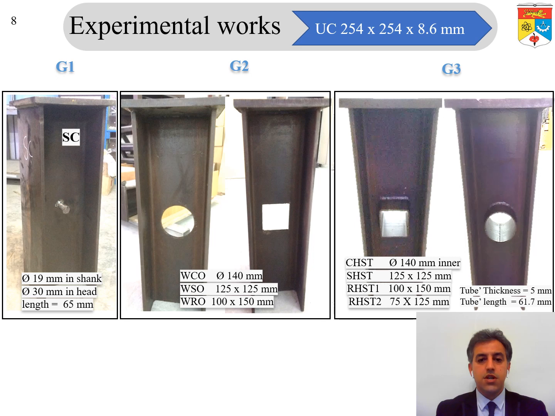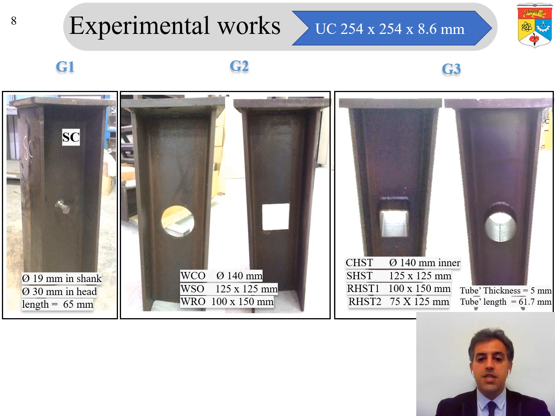The shear stud size is 19 mm in shank and 30 mm in head, where the opening size for the circular shape is 140 mm in diameter, for the square shape 125 by 125, and for the rectangular shape 100 by 150.